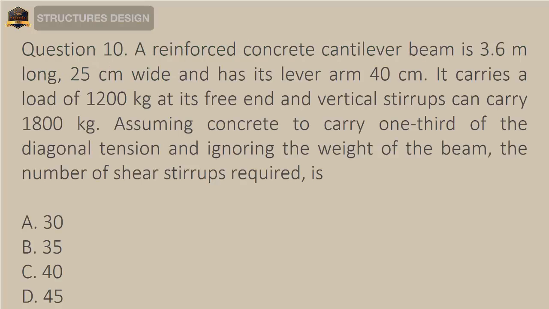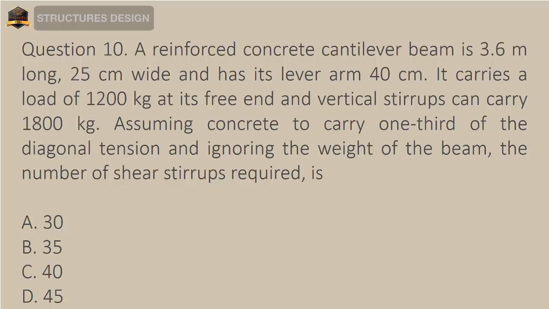Question 10. A reinforced concrete cantilever beam is 3.6 meters long, 25 centimeters wide and has its lever arm 40 centimeters. It carries a load of 1,200 kilograms at its free end and vertical stirrups can carry 1,800 kilograms.